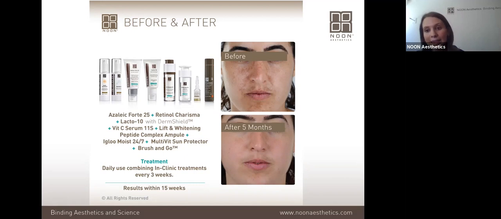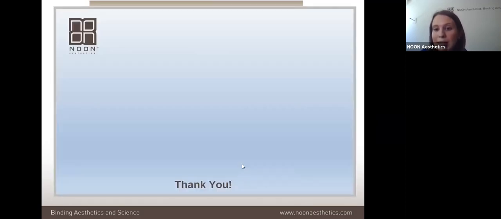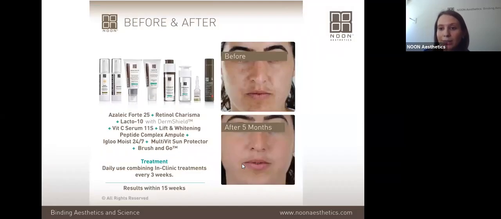So I think that this is a good sum up for my presentation, since we can really see that the melasma type of hyperpigmentation, which we can see at the top of the lip, didn't really fade away. It's brighter, it's lighter if we compare it to the before picture, but it didn't go totally.